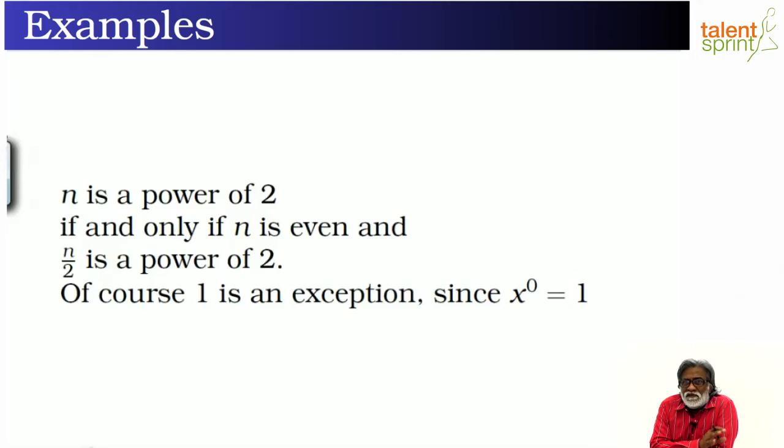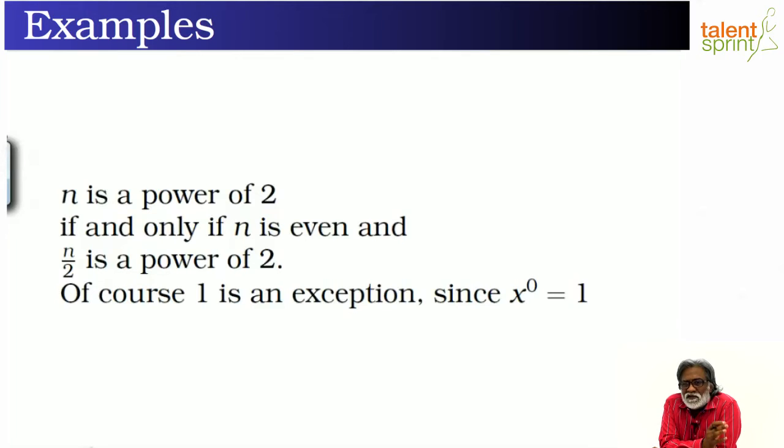Okay. If it is an even number, what happens? Now we get the smaller version of the same problem. That is, if n by 2 is a power of 2, so is n. So this algorithm simply says, have you got 1 in your hand? If so, you are done. The answer is, you started with a power of 2. Okay, you don't have 1 in your hand. Do you have an odd number?